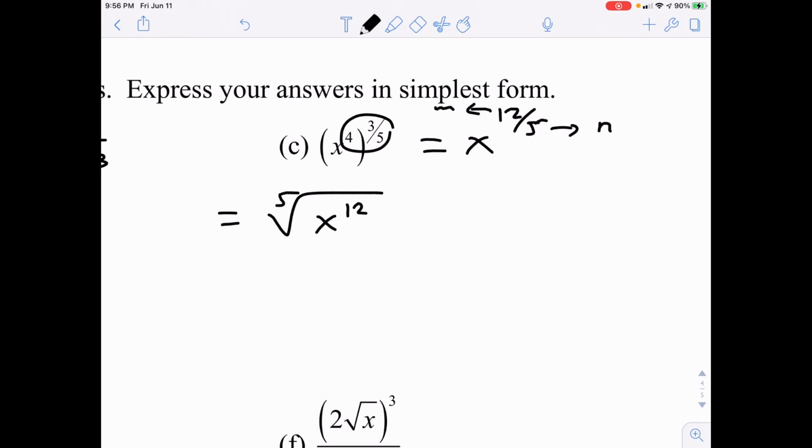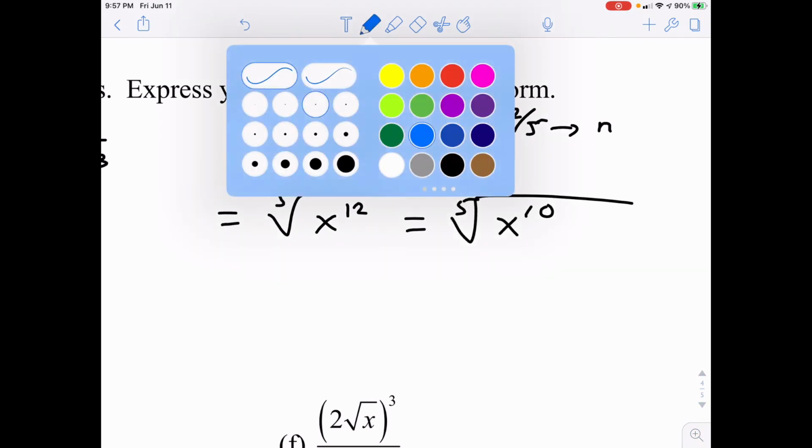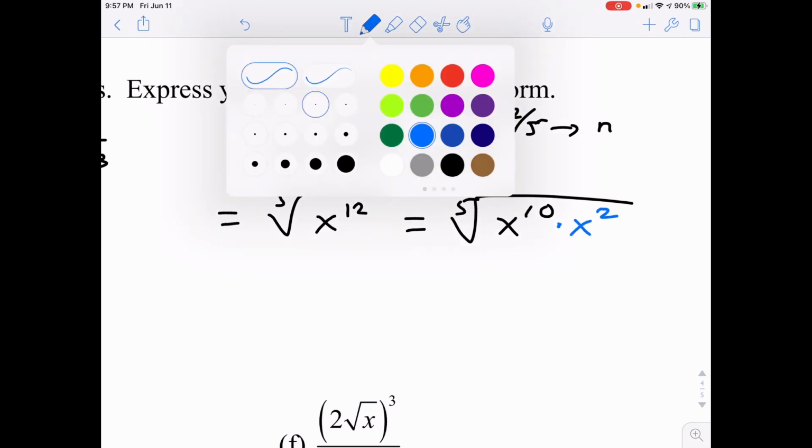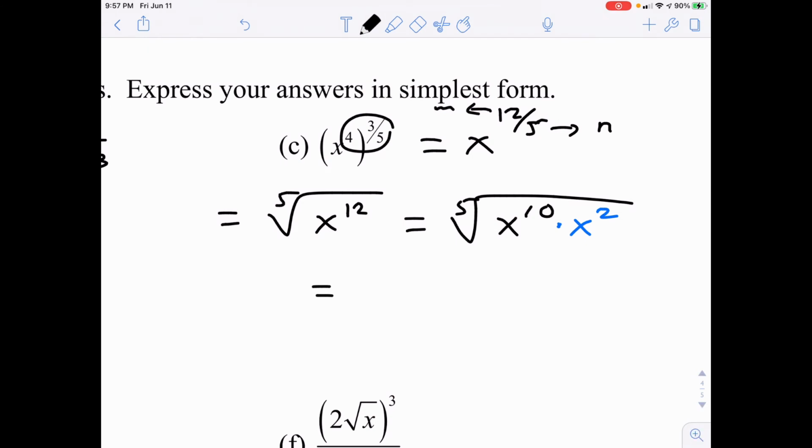Now, 5 is not divisible by 12, but it is divisible by 10, so I can break this up into the 5th root of x to the 10th power times x squared. And I can take the 5th root. The 5th root of x to the 10th power would be x squared, because again, 10 divided by 5 is 2. All times the 5th root of x squared.